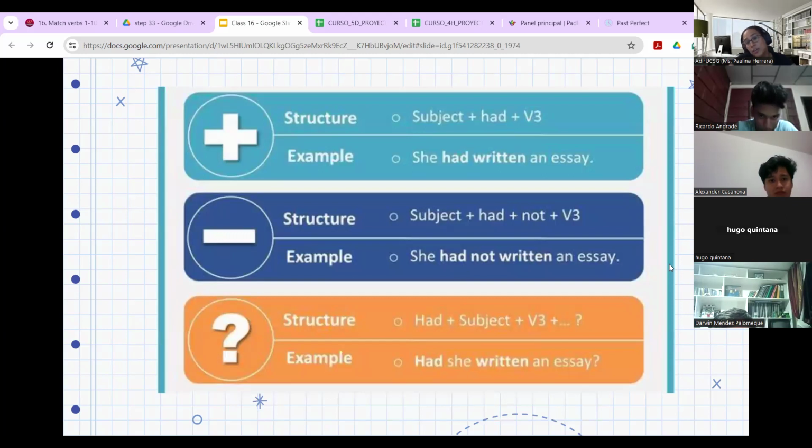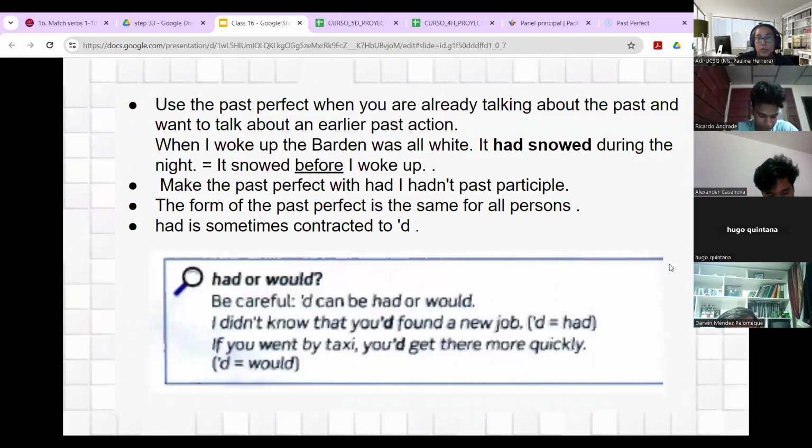If I change the part in a sentence, then I'm changing the order in which things happen. And I'm going also to show you that. One little thing here is that the contraction of had is the apostrophe and the D. And we have another word that uses the same contraction, that is would.